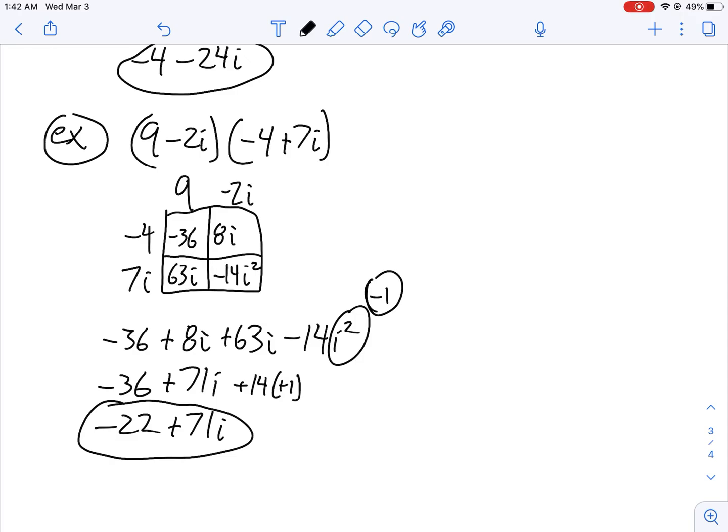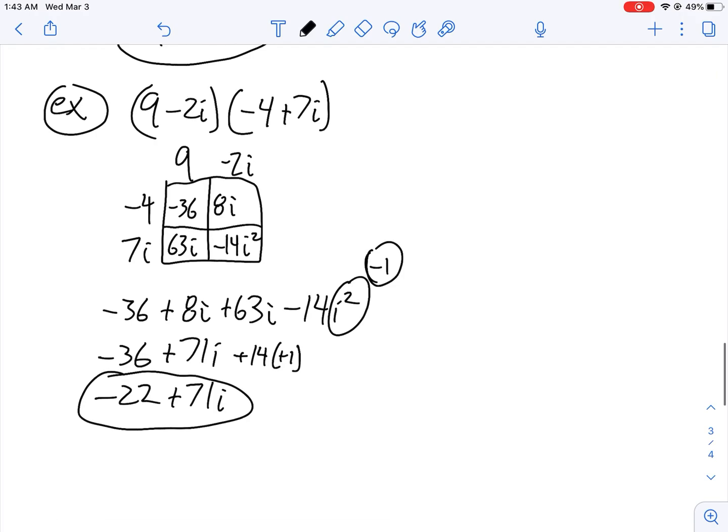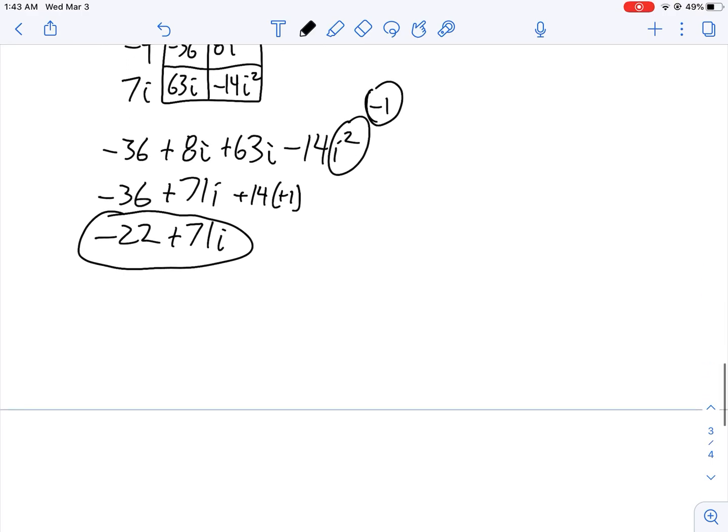So this is an instance where we don't end up with a trinomial like we do with a quadratic. When we're multiplying factors of a quadratic, we end up with a trinomial in the end. We don't end up with that here because we can't have squared i's. It doesn't work. Now, the reason why we need to know this is because we can get complex solutions to quadratics.